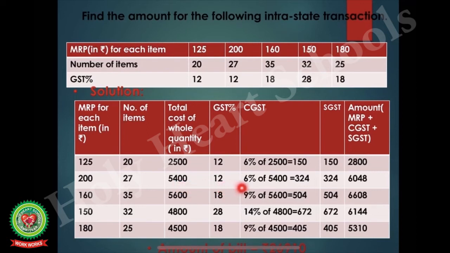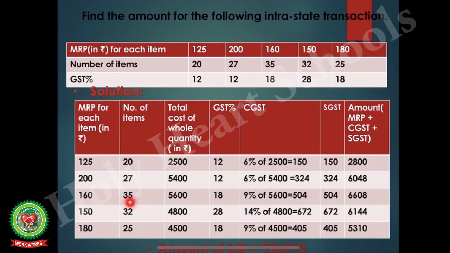So CGST will be 6% of rupees 5400, which is equal to rupees 324. And SGST will also be rupees 324. So the amount comes out to be rupees 6048.